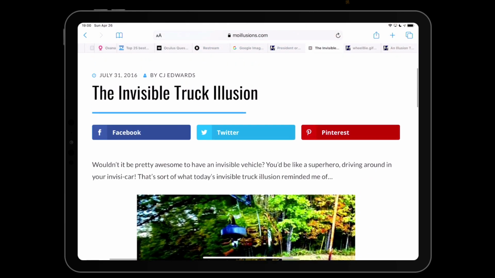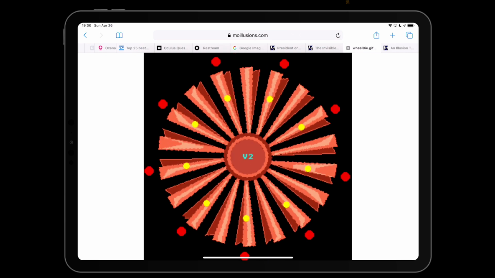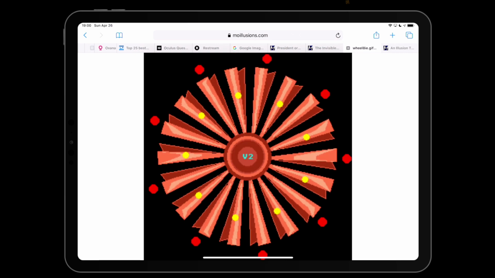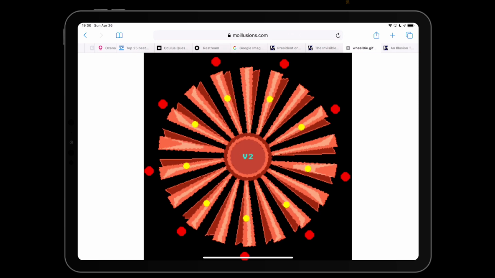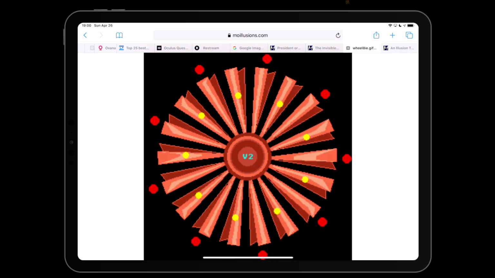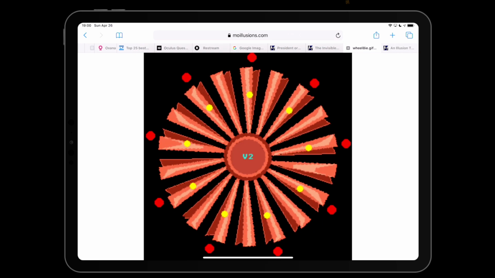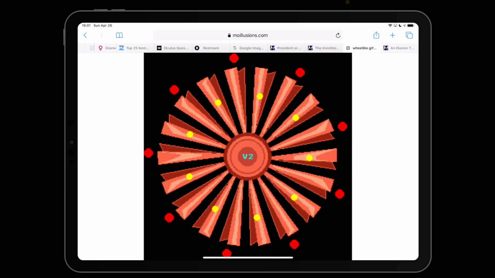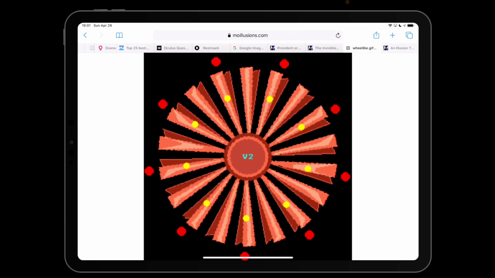I got two more for you. When we're talking about focus, what we're focused on is what makes the difference. On this next one, what you're looking at will change the movement of the object. If you focus on the yellow dots, the fan is spinning a certain direction.